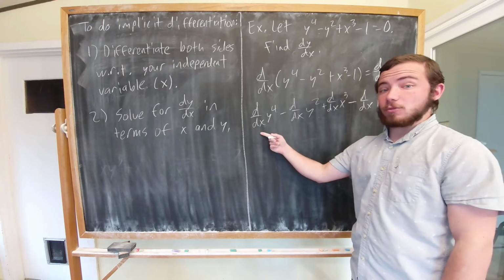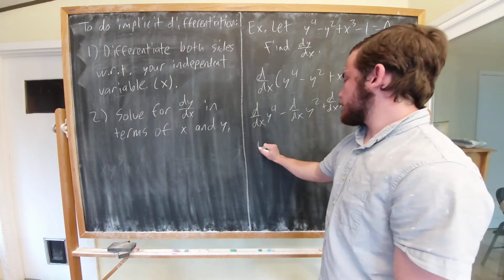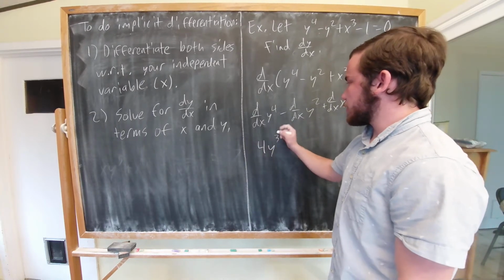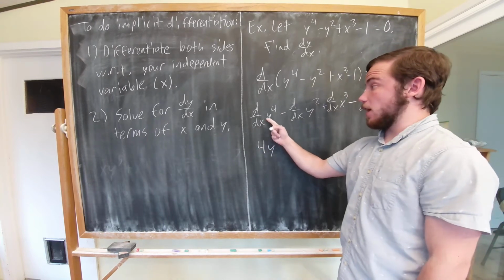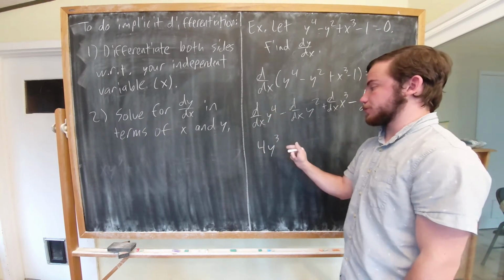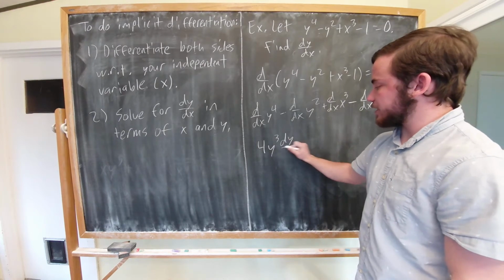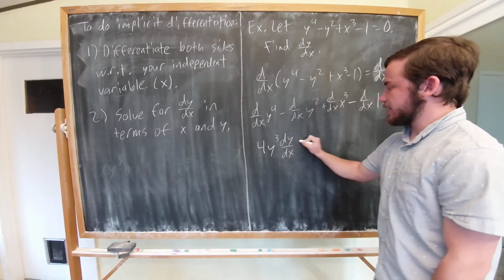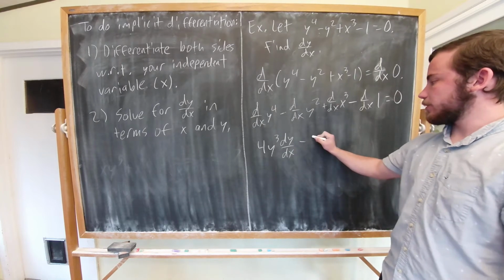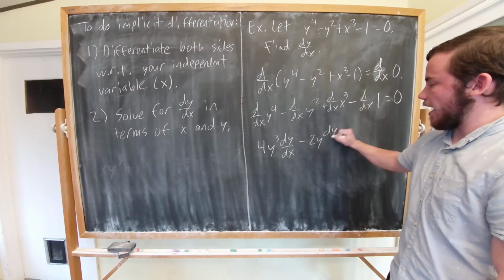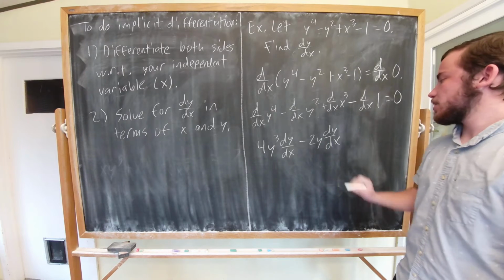Again, by the chain rule, this is going to be 4y cubed. So this is the derivative of our big function, right, with respect to y, plugging in y. And then you multiply by dy/dx. Ditto here. So you'll have 2y dy/dx.